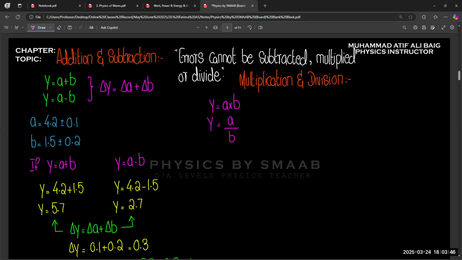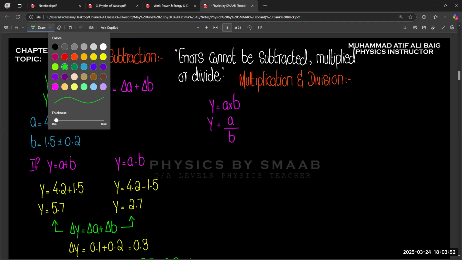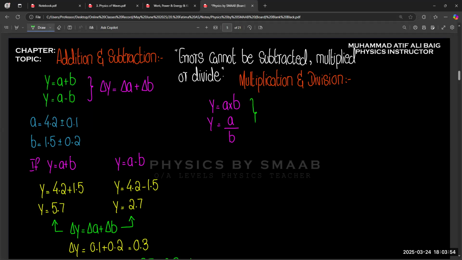So in these two types of calculation, we have one case of multiplication and the other is division. In both types of calculation, to find the uncertainty, we use the concept of percentage uncertainty.